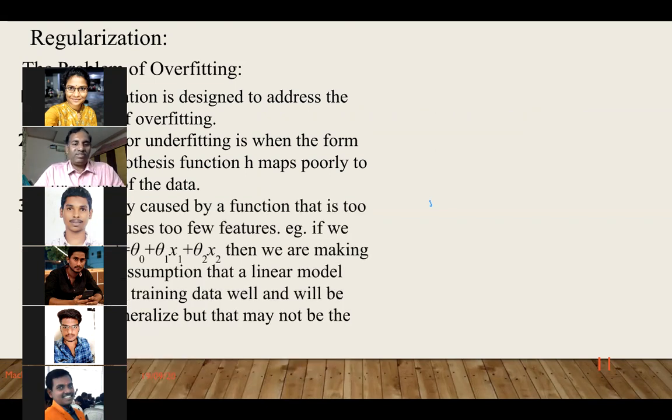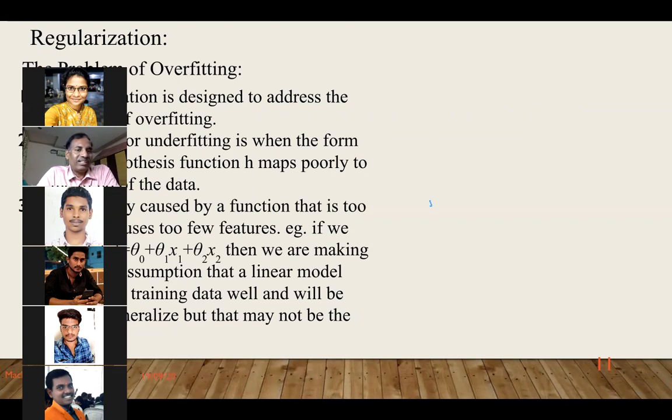So there are some problems which we find when we fit linear regression, logistic regression, whatever. The first problem is overfitting. So what is overfitting? Overfitting means the hypothesis function, whatever fitting we did, linear regression, works well on the training data set.